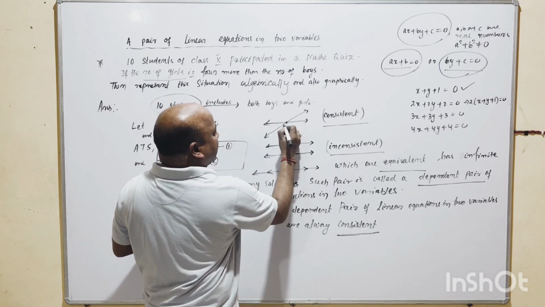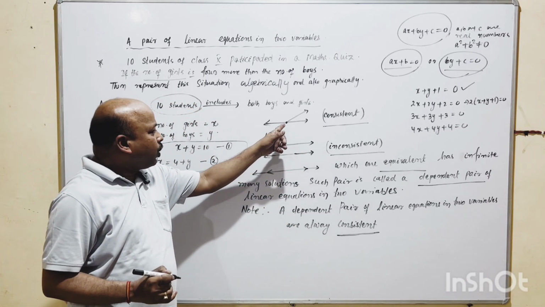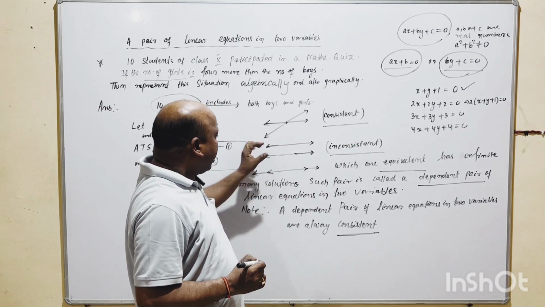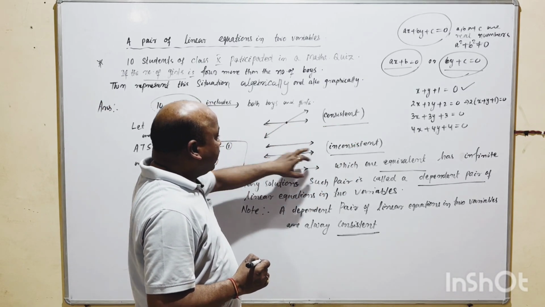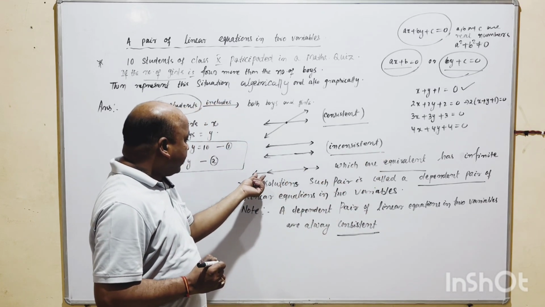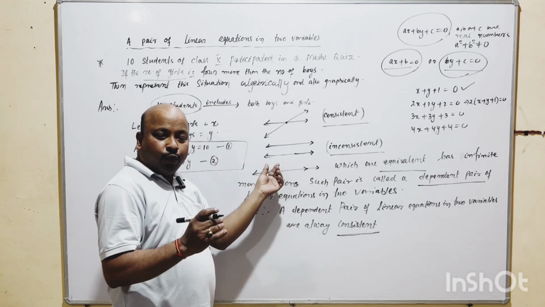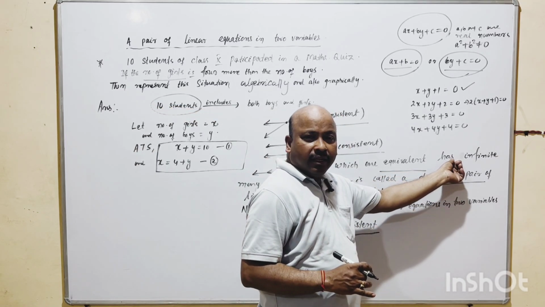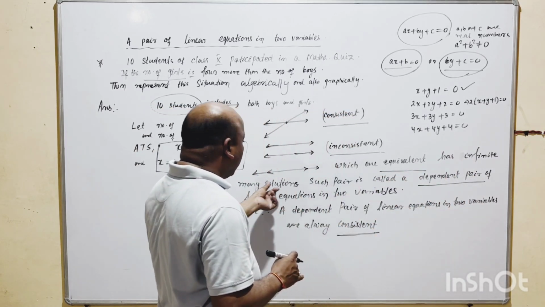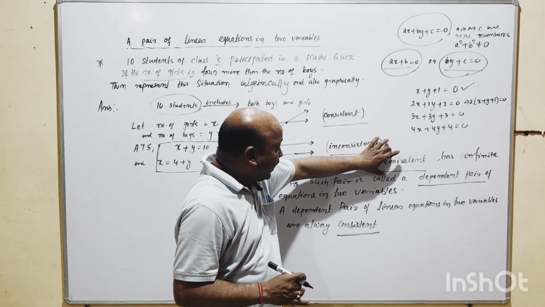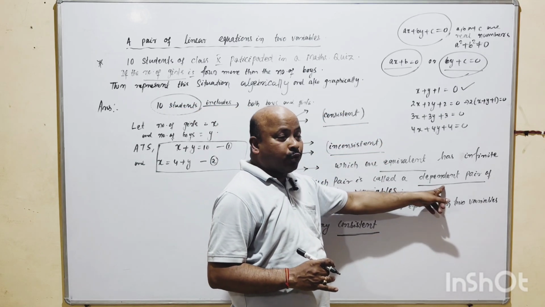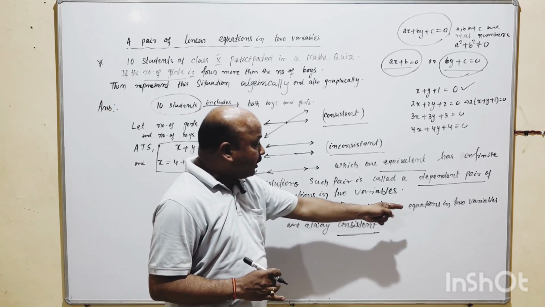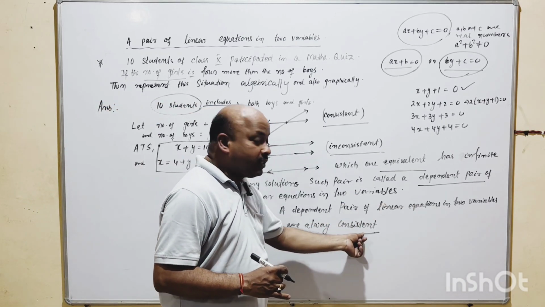Here two lines are intersecting with each other at a common point, so it is known as consistent, and when they are parallel with each other, they are known as inconsistent. And here these two lines are coincident, दोनों एक है, so दोनों एक होगा मतलब which are equivalent has infinitely many solutions and equivalent है, तो इसीलिए such a pair is also known as a dependent pair of linear equations in two variables, and a dependent pair of linear equations in two variables is always consistent.